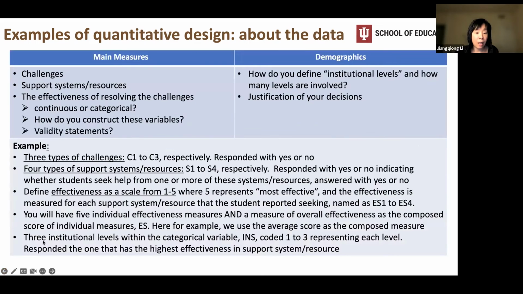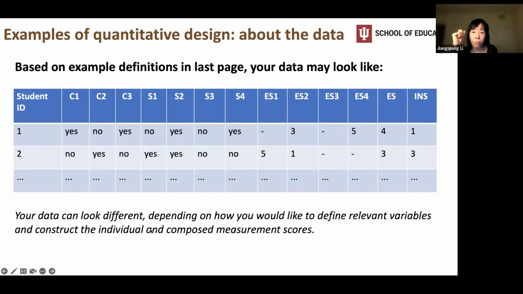Before, I said I identified 3 institution levels coded as 1, 2, 3, representing each. Well, you can define what 1, 2, 3 represent. It can be, I don't know, department or school or the overall university, depending on your own definition, but you will know what the labels of these numbers are.